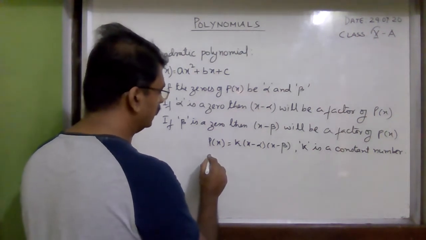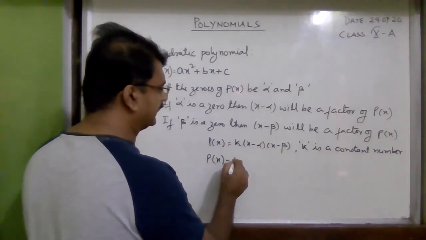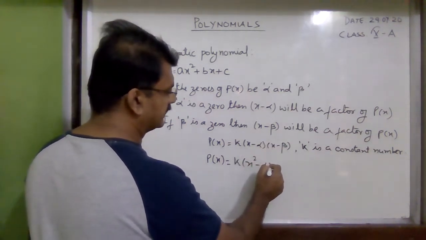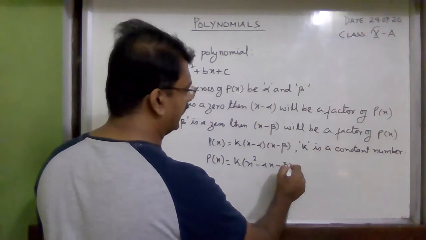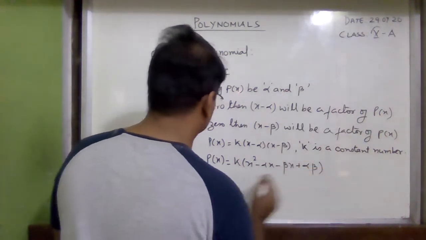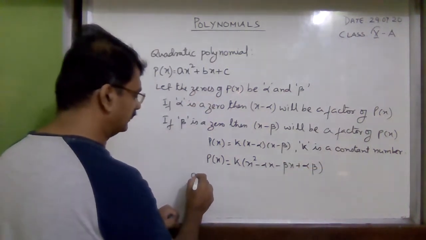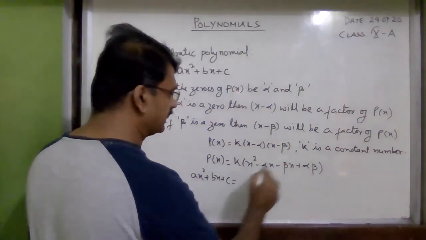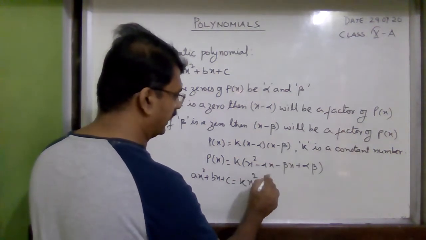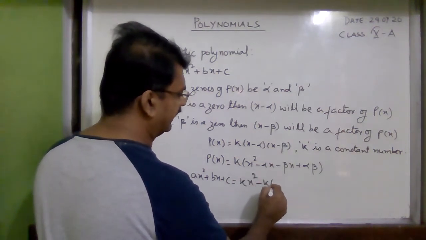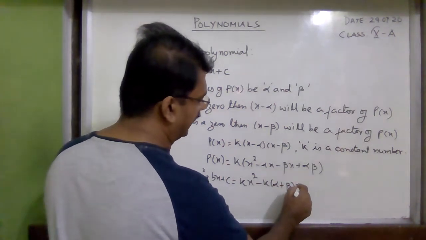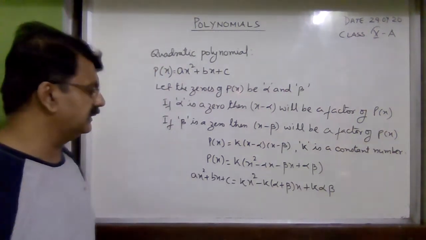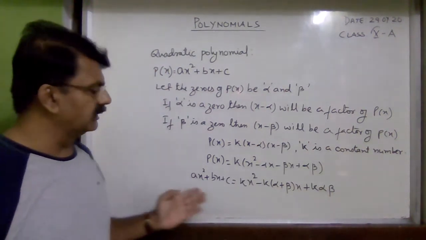So px is equal to k times, if you open the bracket, x square minus alpha x minus beta x plus alpha beta. Now px was ax square plus bx plus c is equal to, if I open this bracket, k times x square minus k times alpha plus beta into x plus k times alpha beta. Okay, if you open the bracket, then you will get this.